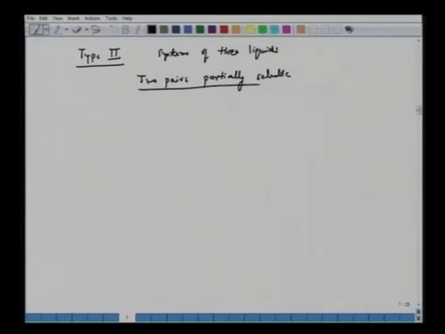Alright, so when we are saying 2 pairs are partially soluble, let's again look at A, B, C. As an example, let's say we have chlorobenzene, we have water, and we have ethyl acetate. The petroleum industry is one of the industries where you will get several such examples.